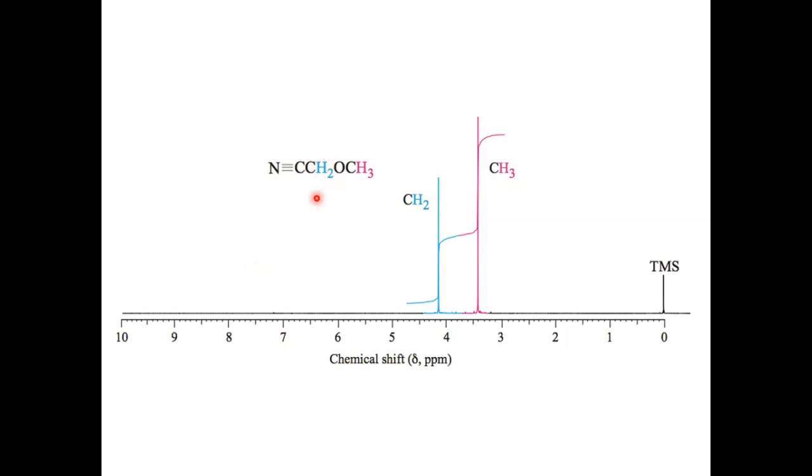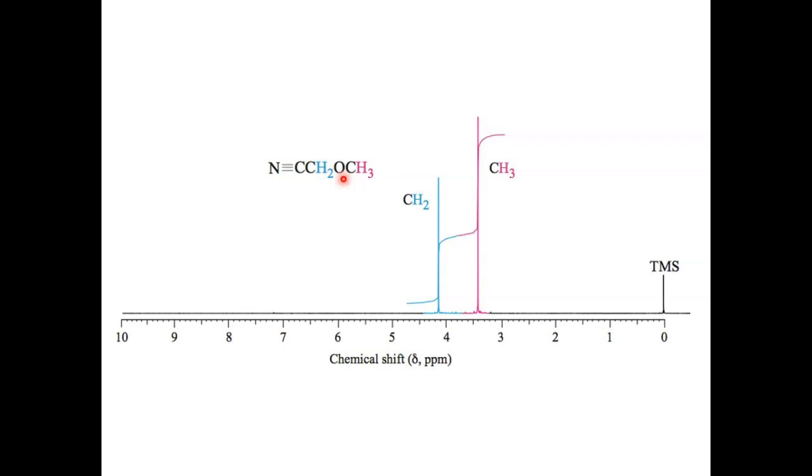Now, if you look at the blue protons, on the right side they are directly bound to oxygen, so this oxygen will steal electron density away from the blue protons. But don't forget the left side also has a CN triple bond connected to it. The CN triple bond, if you recall what we learned in chapter 13, is also a moderately powerful electron withdrawing group.